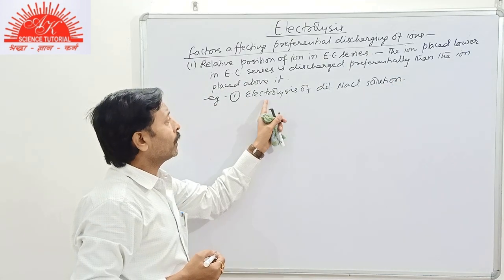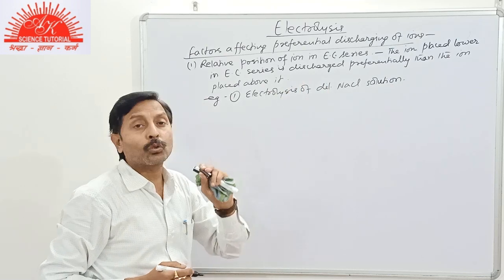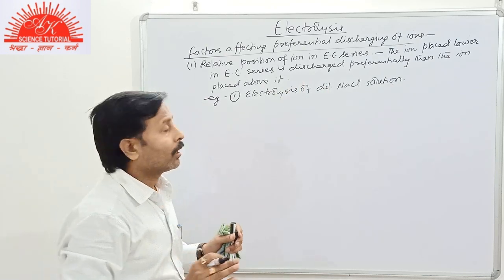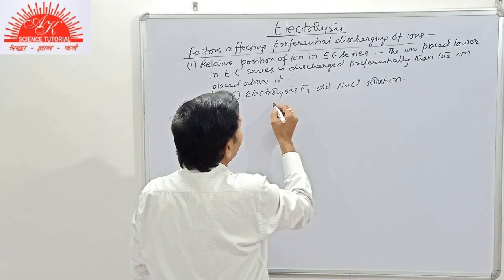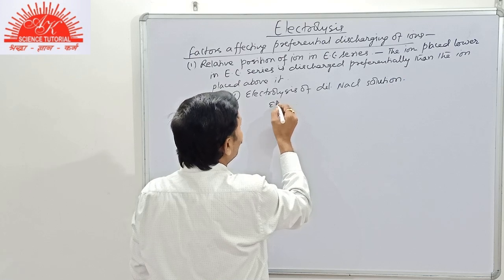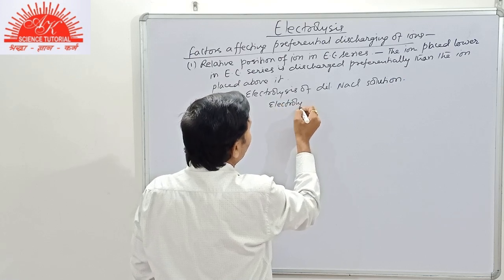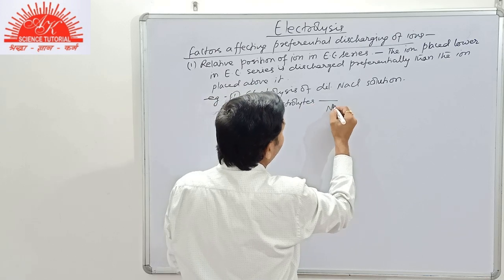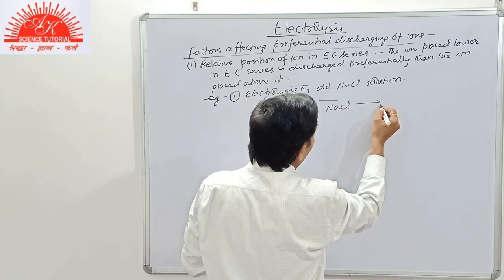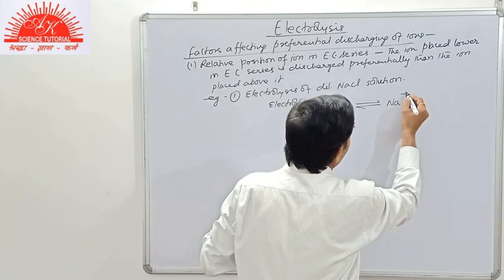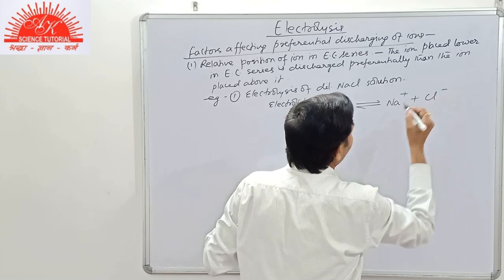But now we are using electrolysis of dilute sodium chloride solution. Here the electrolyte is NaCl, which on dissociation gives us Na+ and Cl- ions.